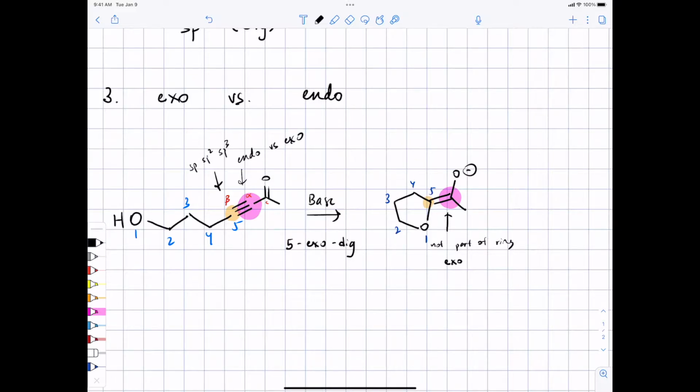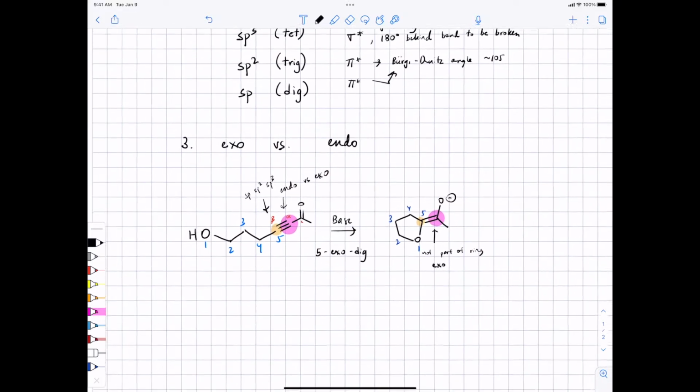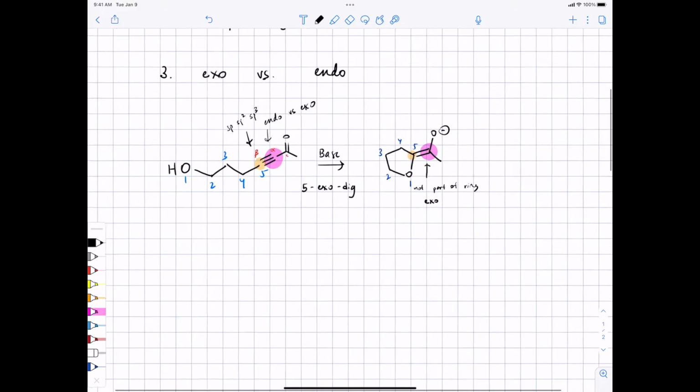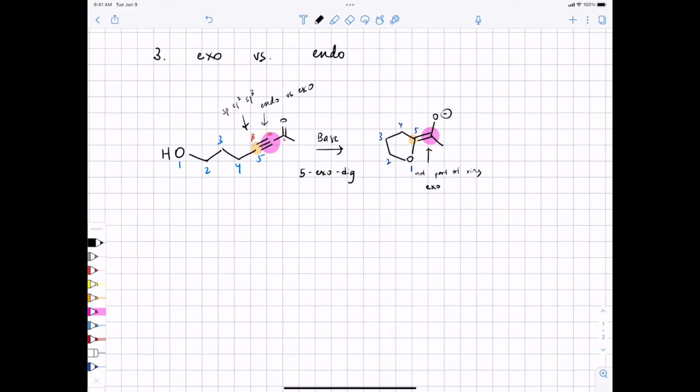So you want to make sure you've thought about that when you're doing cyclization reactions. So Baldwin's rules say that a 5-exo dig cyclization works just fine.